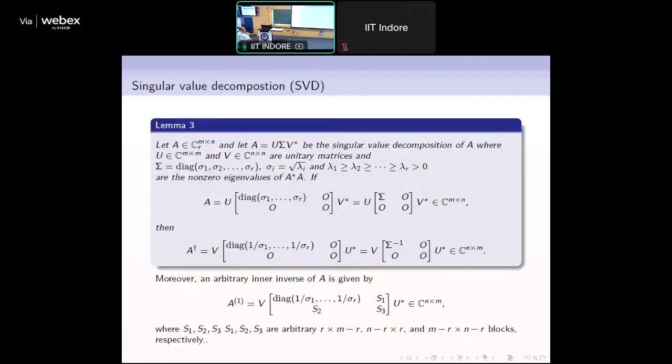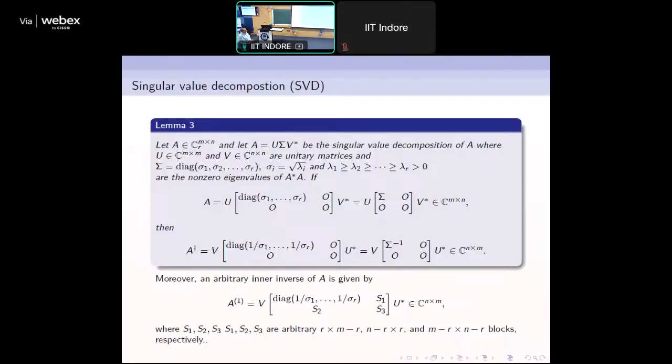Then the Moore-Penrose inverse can be easily computed using such a representation. Here is the unitary matrix V. On the right-hand side is the unitary matrix U star. 3 zero blocks stay.